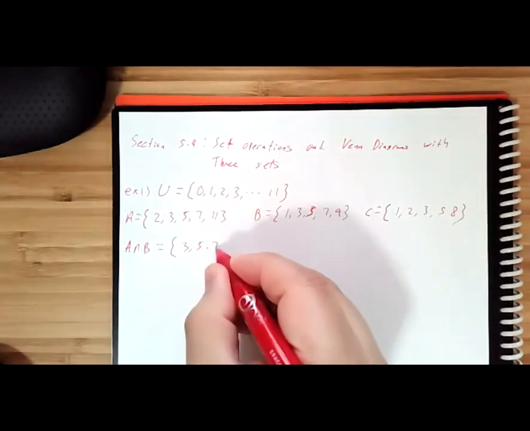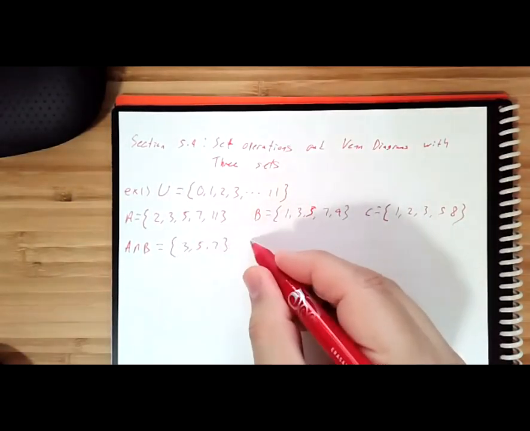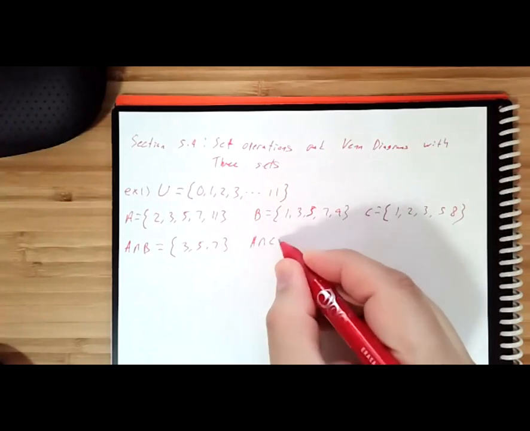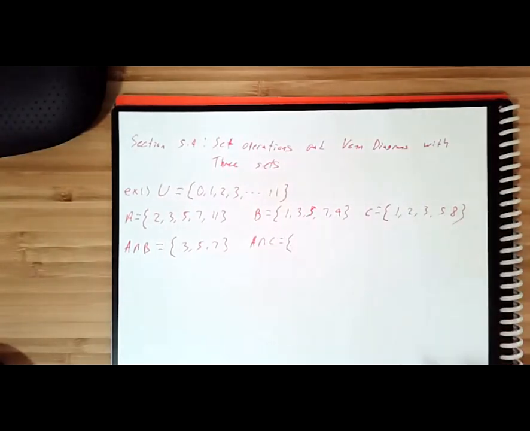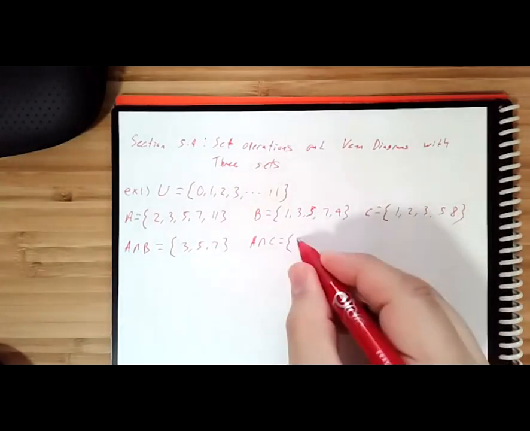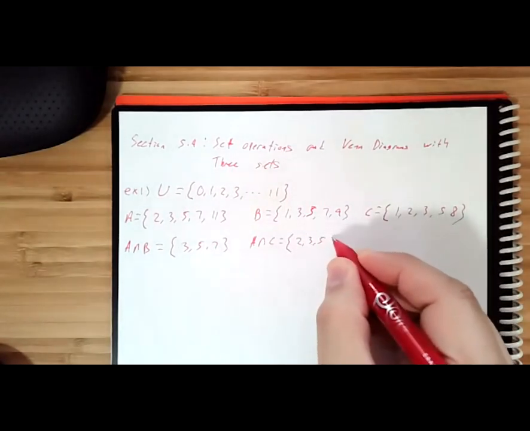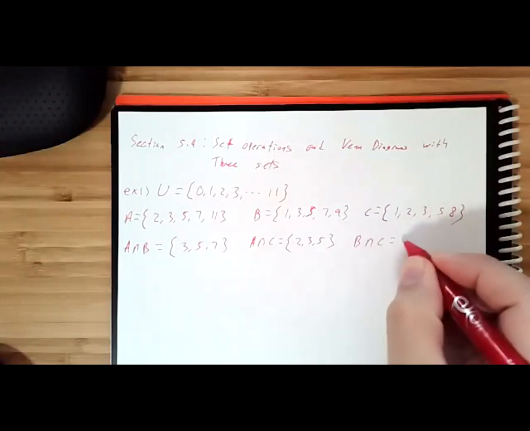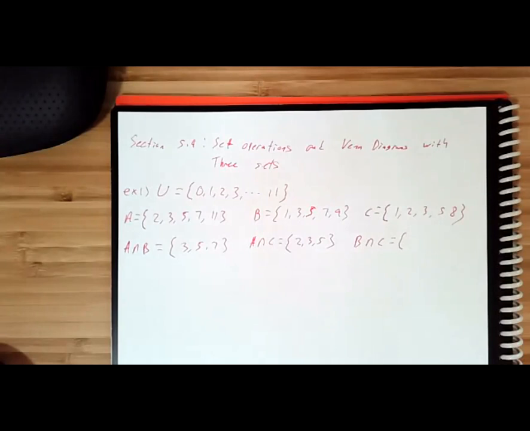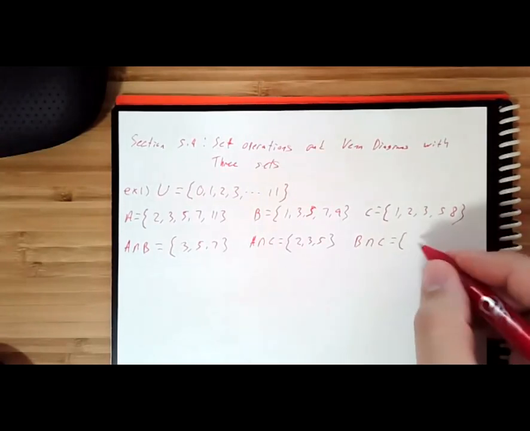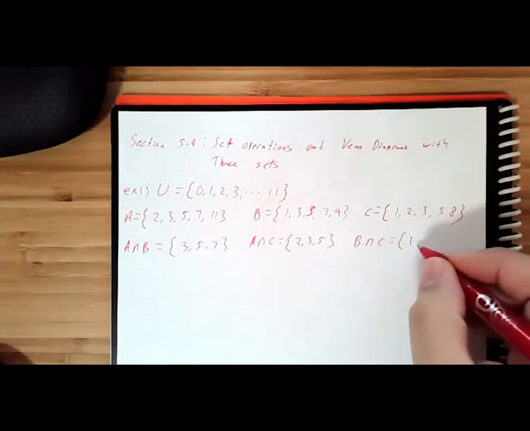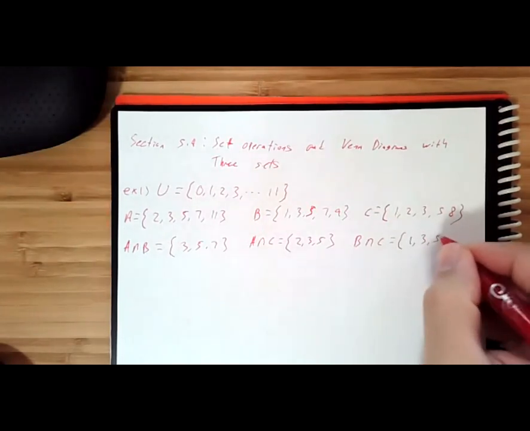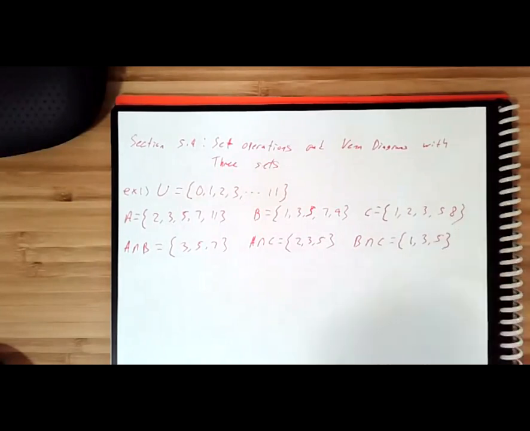Okay, what about A intersect C? 2, 3, and 5. Okay, and then B intersect C. 1, 3, and 5. My bad, I forgot that 3. Okay, so that's all the intersections.